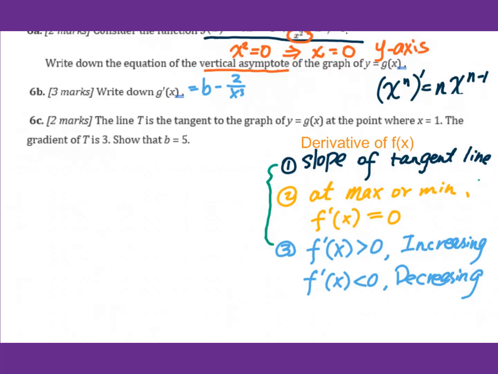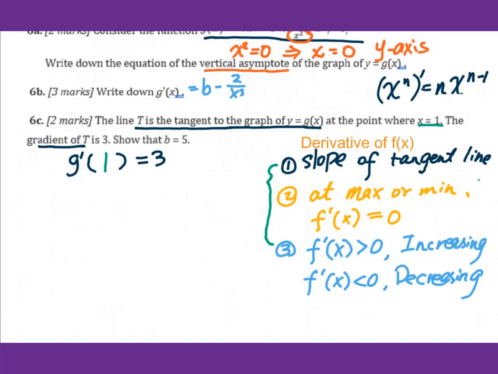Therefore, when we say t is the tangent to the graph of y equals g of x, and the gradient of t is 3, it means g prime of something equals 3. This is where x equals 1, so g prime of 1 equals 3.